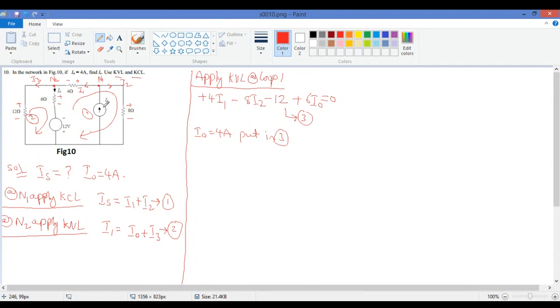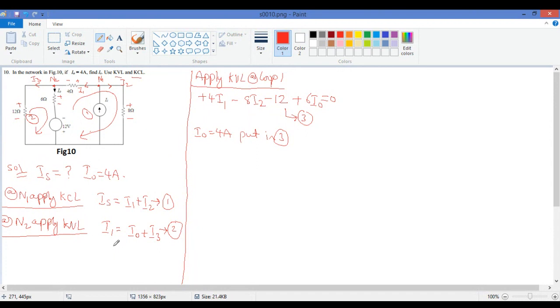Then we have to find out I1. Apply KCL at node N2. You see what is I1 here? I1 is equal to I naught plus I3, correct? I naught we already know is 4 ampere.